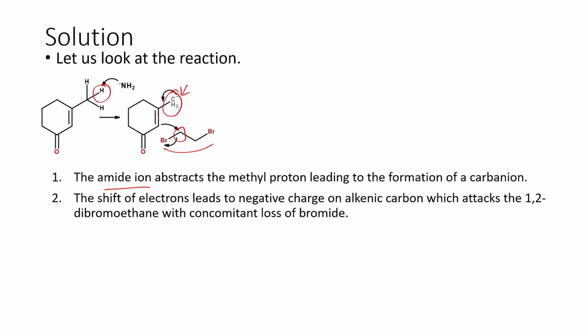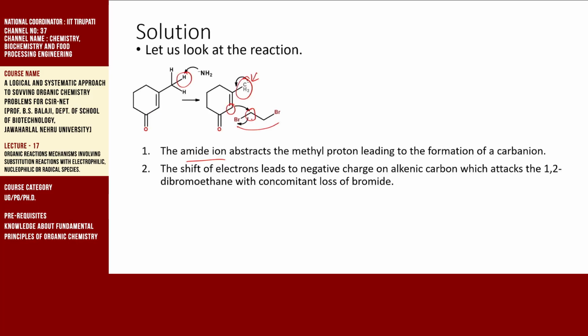So both are possible, and according to the stability, this alkenic carbon attacking the 1,2-dibromoethane is the most favorable one. That leads to the addition of this particular unit to the alpha carbon of the carbonyl compound. So we end up with the exocyclic double bond in this particular case.